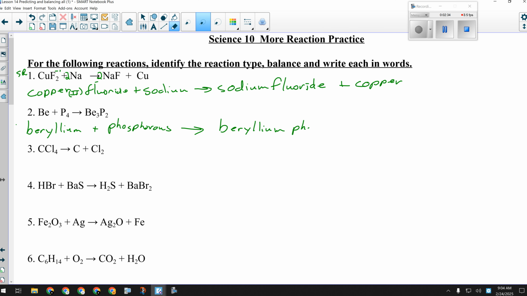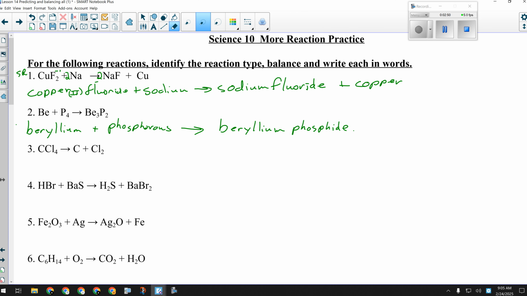All right, so that's what we're looking at for the word equation. What kind of reaction is that? Somebody whispered it and they were right. Say it louder, you were right. Synthesis, yeah. Okay, it's an element reacting with an element, synthesizing a compound. So this is a synthesis reaction.